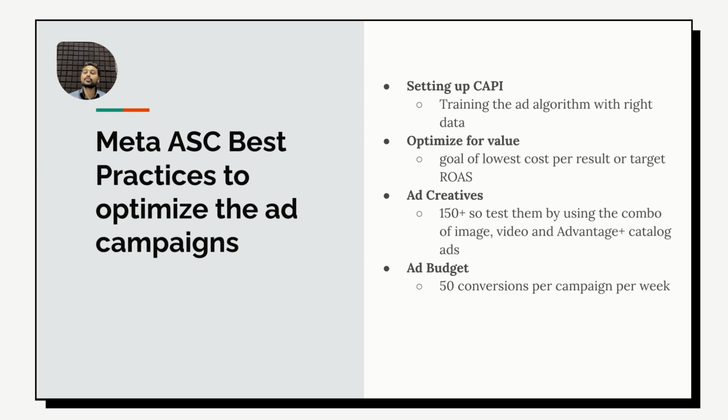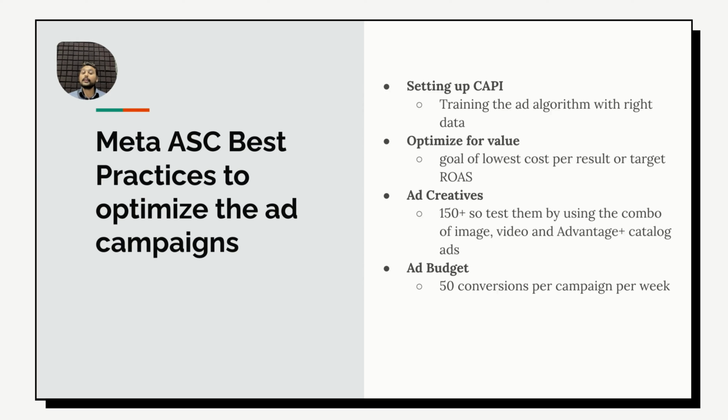Most of them are confused with what is the minimum ad budget I have to use, how much budget should I put daily, how much budget should I put for this campaign. So to avoid all of that confusion and as a best practice, it is better for you to arrive at a budget based on your average cost per conversion.